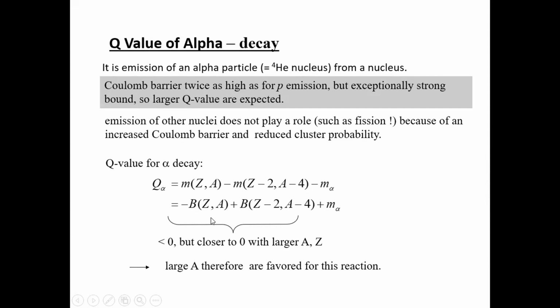Or in terms of the binding energies, we can write it further, and we can see that this is close to 0 for large A and Z, and the larger the A, the more the Q is favored.